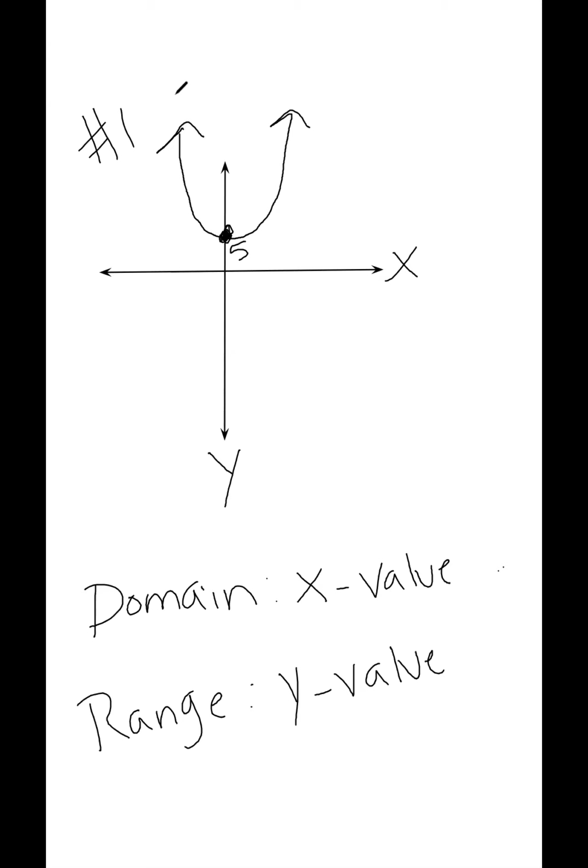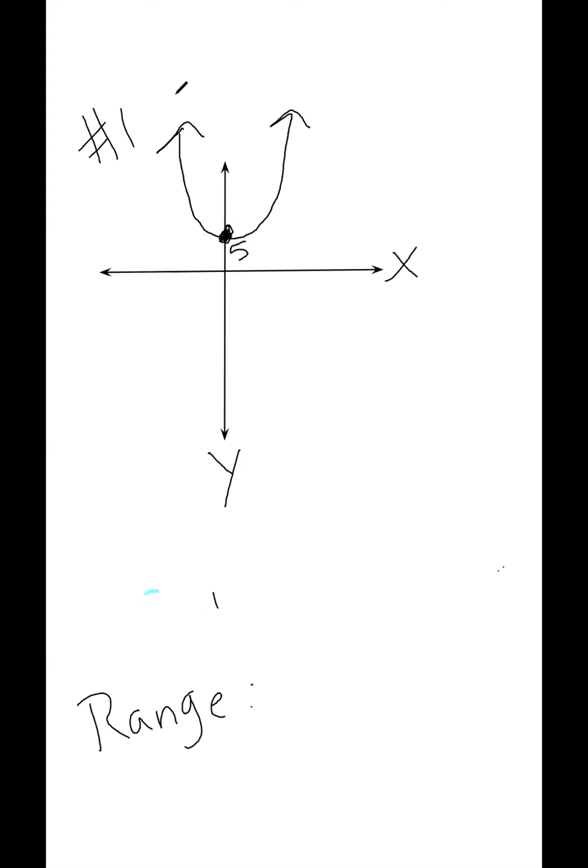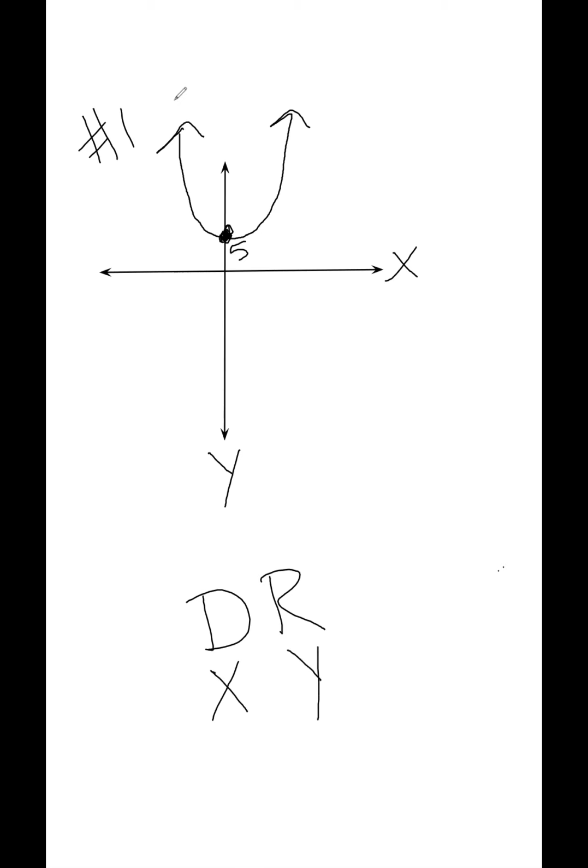If you forget domain and range a lot, I have 2 ways that you can remember them. The first way that some people like to remember is that D comes before R in the alphabet. Well, so does X and Y. X comes before Y in the alphabet. So that's one way you can remember.